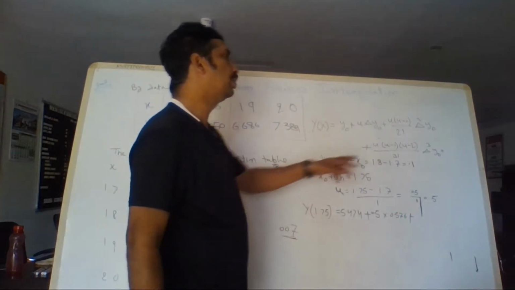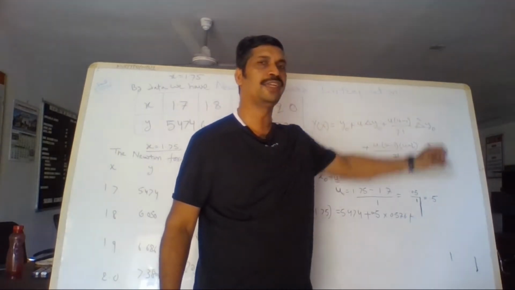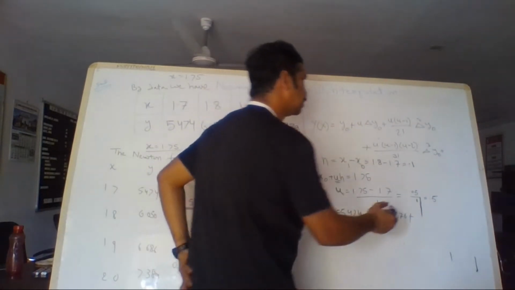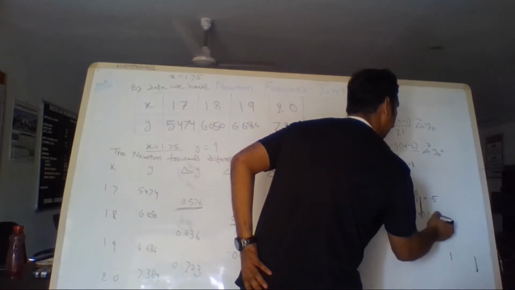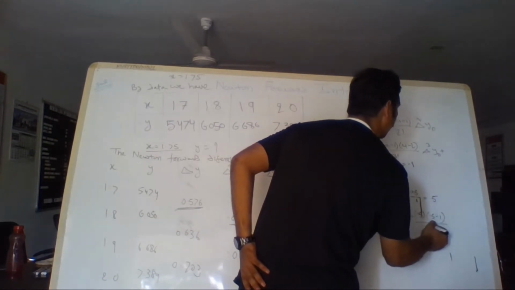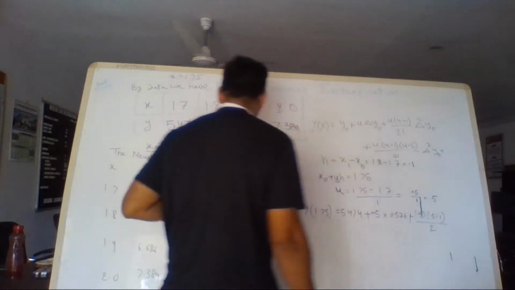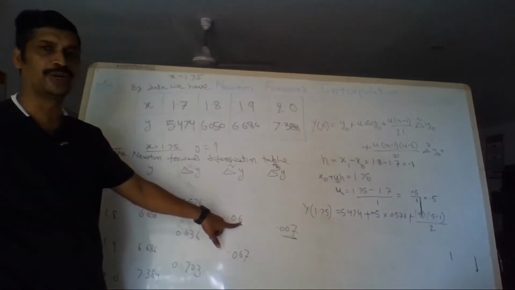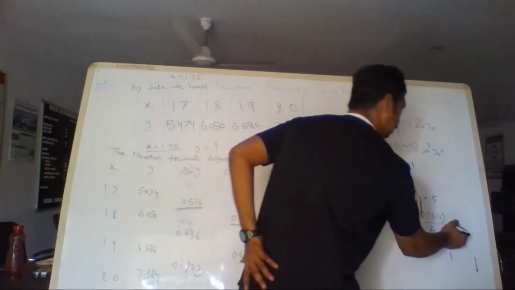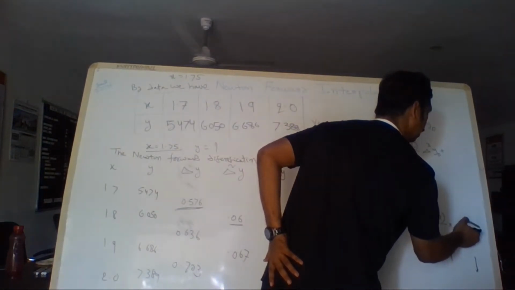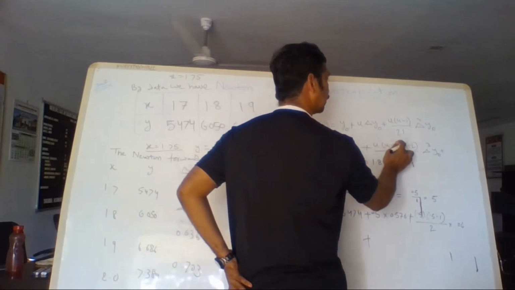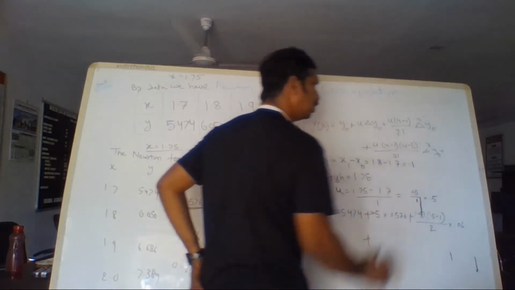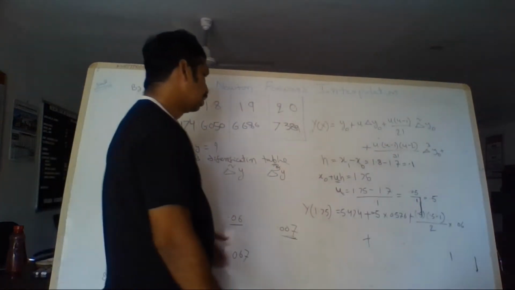Plus u into u minus 1 by 2 factorial into delta square y naught. u is 0.5. 0.5 into 0.5 minus 1 by 2 factorial, which is 2, into delta square y naught. Delta square y naught is 0.06. Plus u into u minus 1 into u minus 2 by 3 factorial into delta cube y naught.